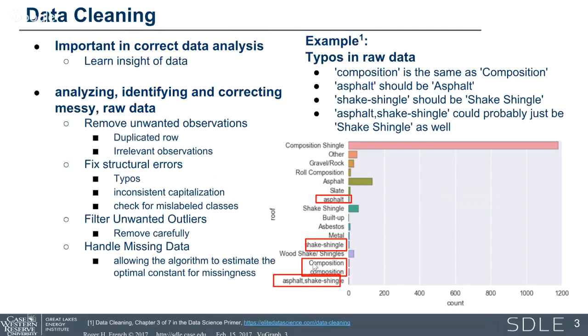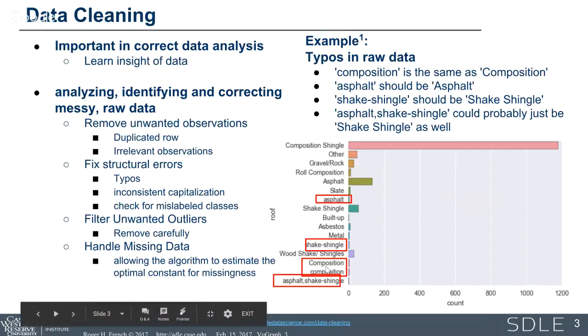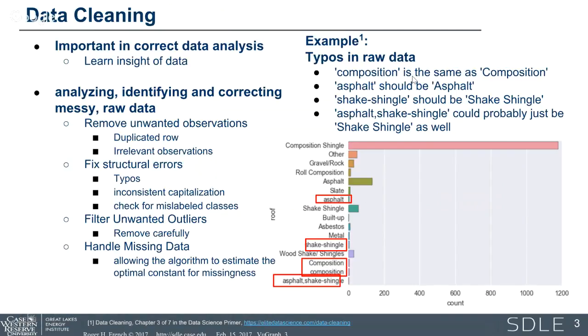And you can see here I labeled with the red rectangle, the composition should be the same as the capitalized Composition, and you need to change those typos to make them at the same level.